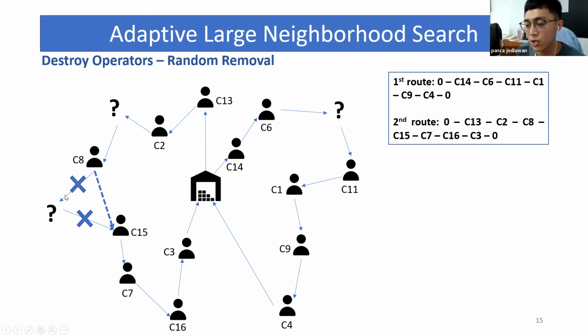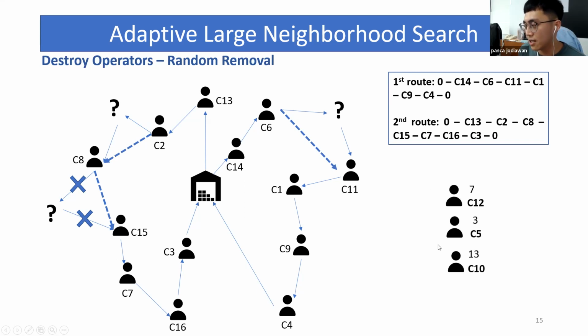Remember that there is a node here, you just delete the link and reconnect the previous node and the following node, C8 and C15, and you do the same with the other removed nodes. Here we have removed customer 7, customer 12, customer 5, and customer 10.